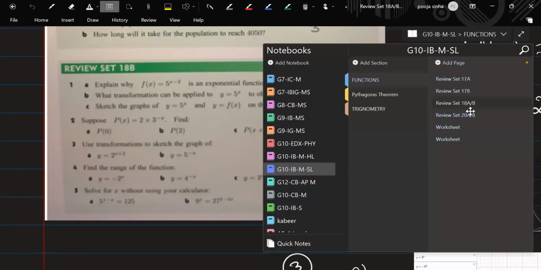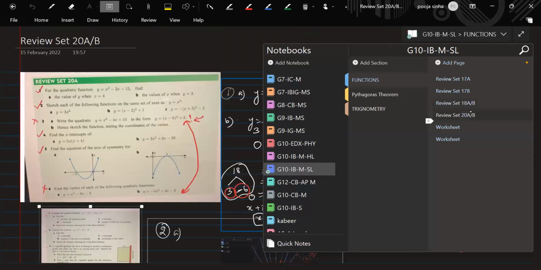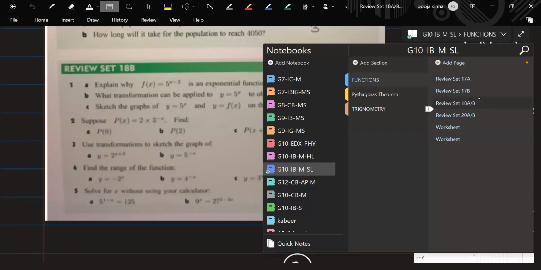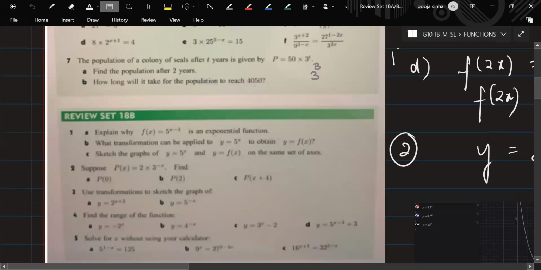Yes, miss. Can we go with 7B? How long will it take the population to reach 4050? Do it. So 4050 equals 50 times 3 to the power of x. 4050, you'll first divide by 50. So you get 81.